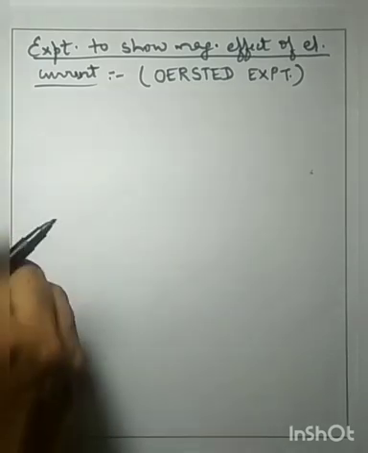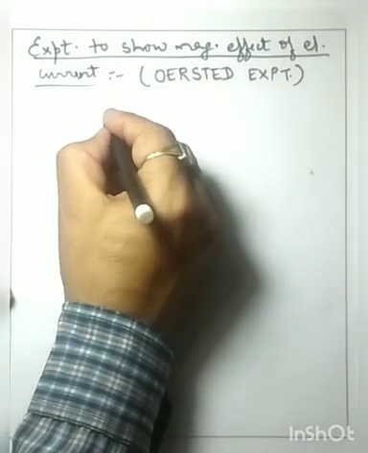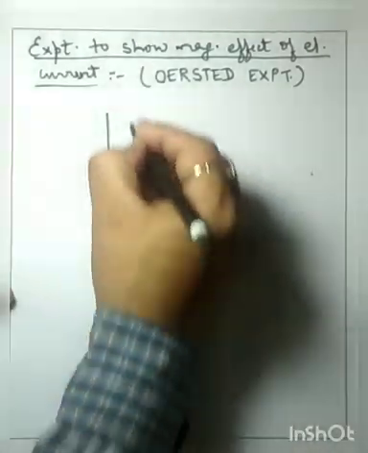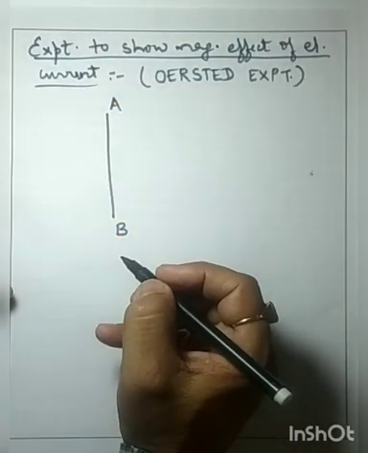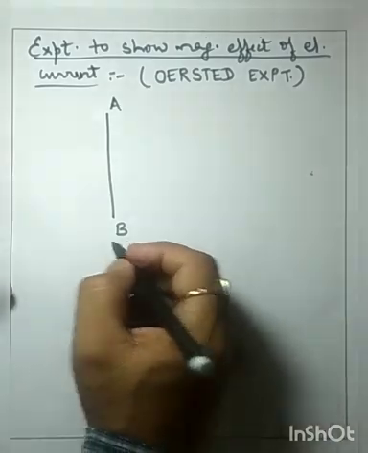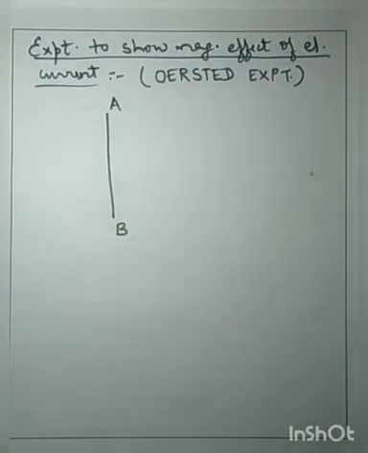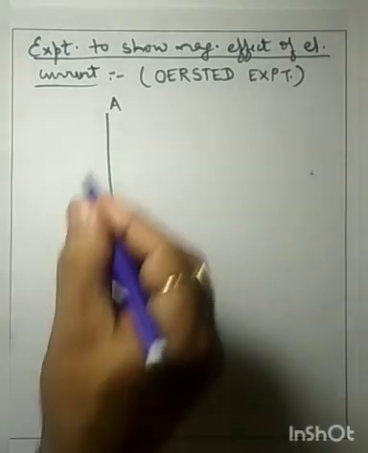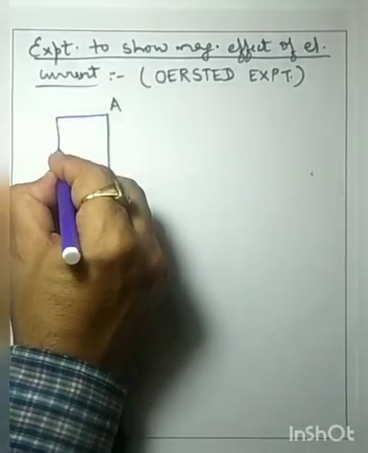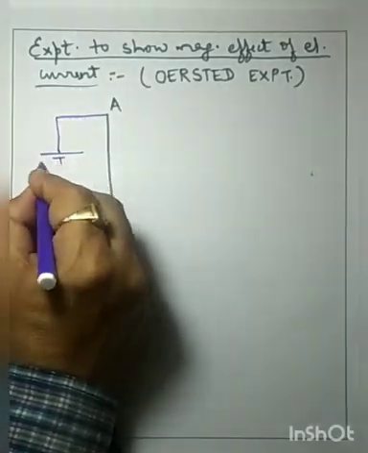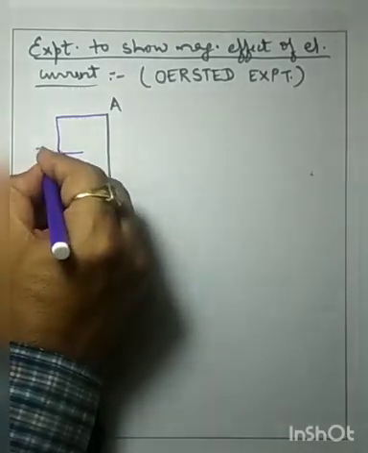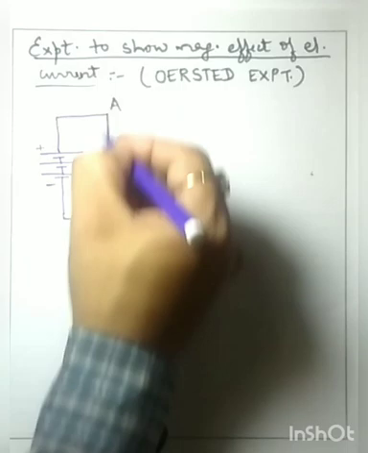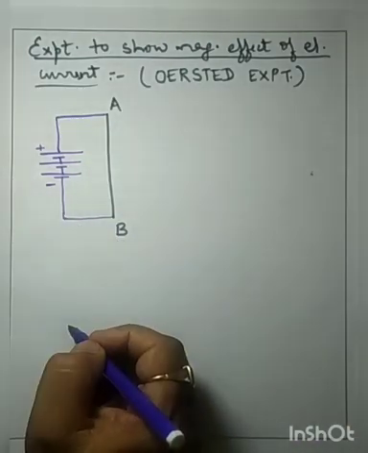So suppose there is a wire AB, and this wire is connected to a battery in such a way that the positive terminal of the battery is connected to the A end of the wire and negative is connected to the B end of the wire.